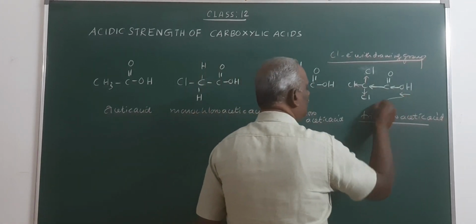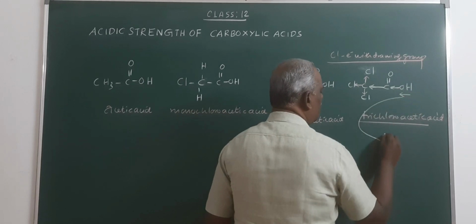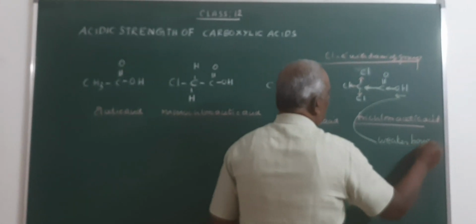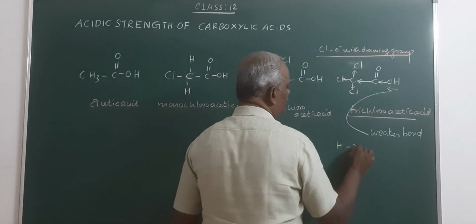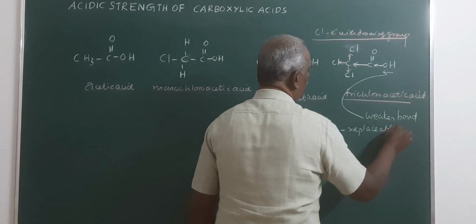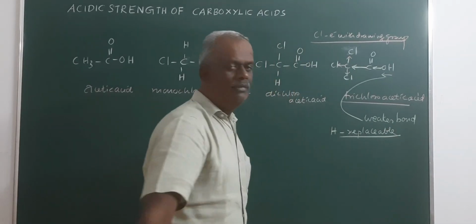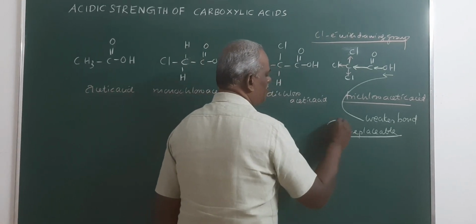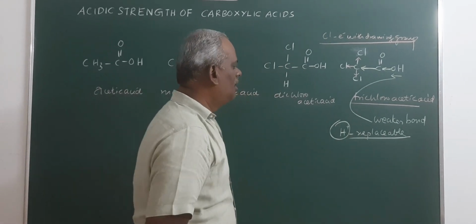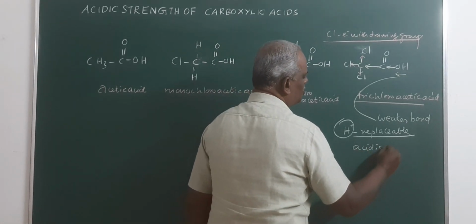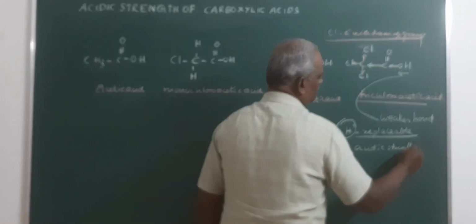Due to that, the bond in between oxygen and hydrogen becomes a weaker bond, and the hydrogen is easily replaceable. We can say hydrogen can be replaced as H+. So we can say that its acidic strength increases.